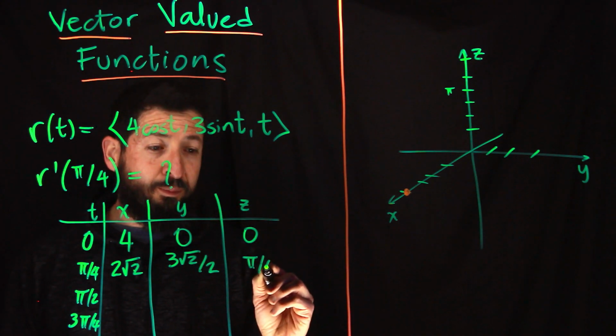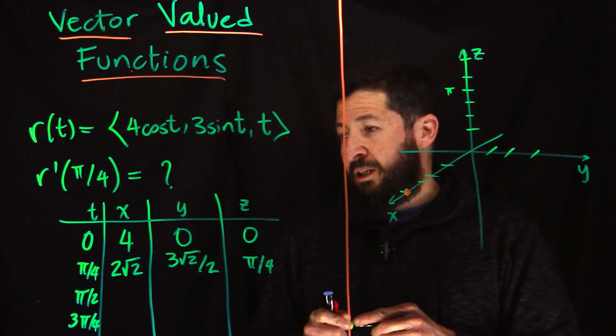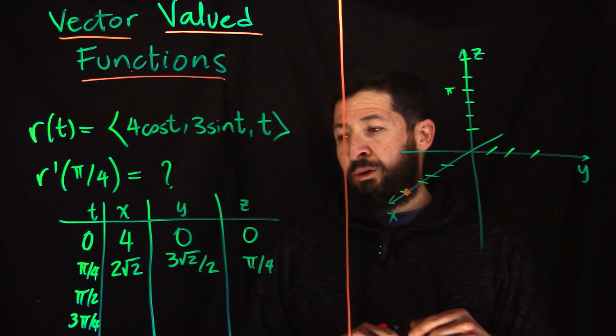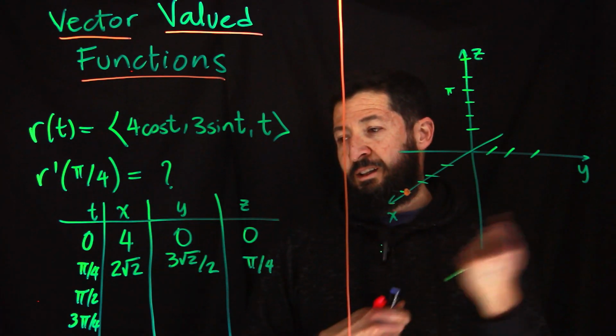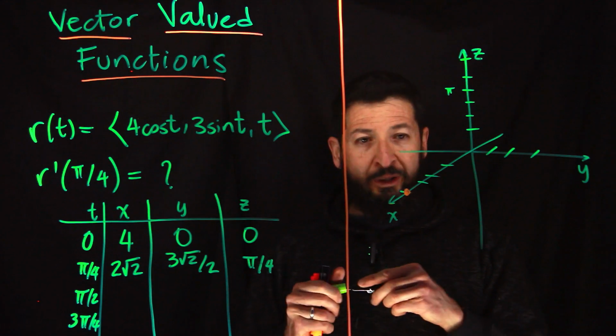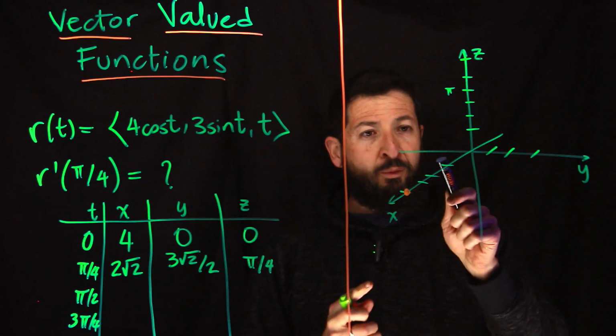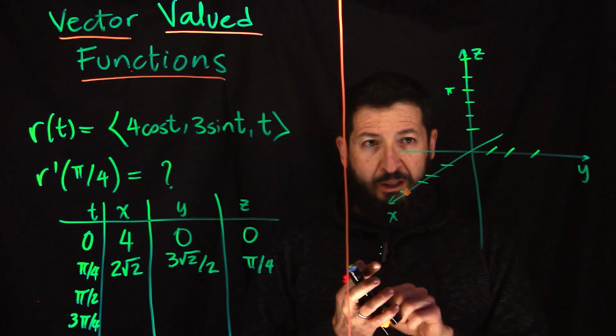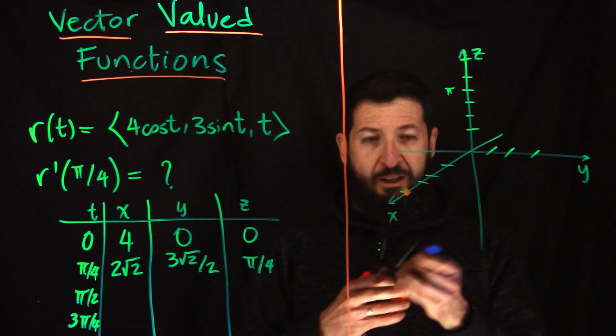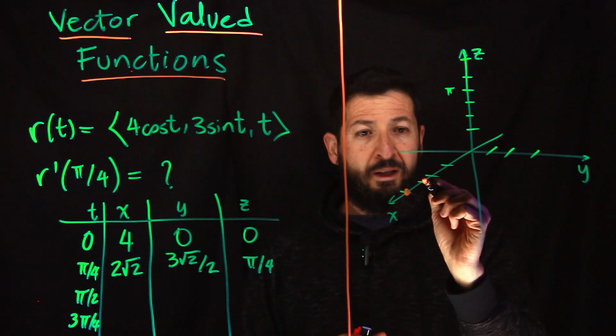So let's try to plot that point. Now, the root of 2 is 1.4 roughly, so 2 times that is going to be about 2.8. So it's going to be somewhere 1, 2, 2.8, let's say, is around here.